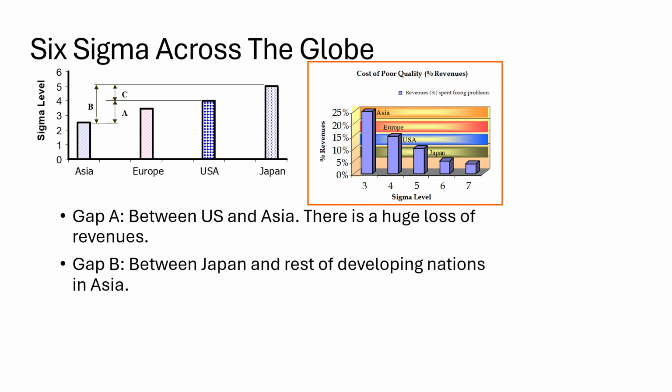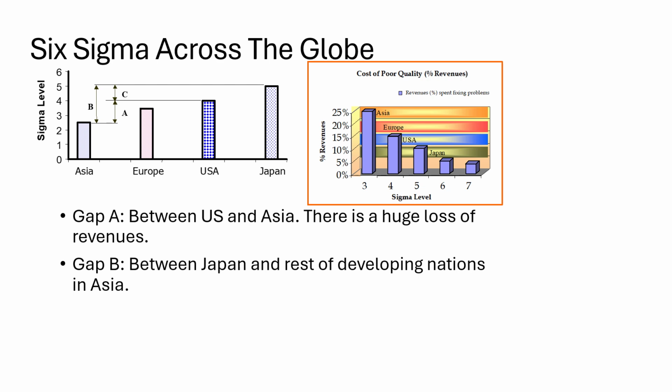Europe, around 3.5 Sigma levels. USA around 4 Sigma levels. Japan, close to 5 Sigma levels. And then next to it, you see the chart of the cost of poor quality in terms of percentage of revenues.